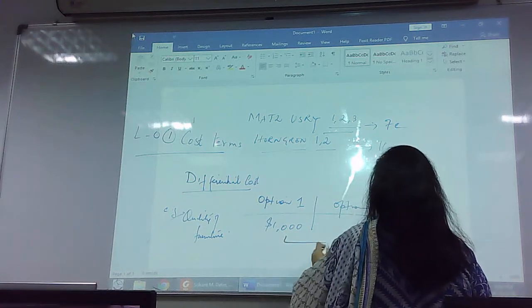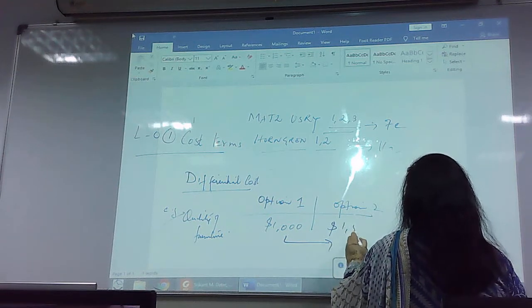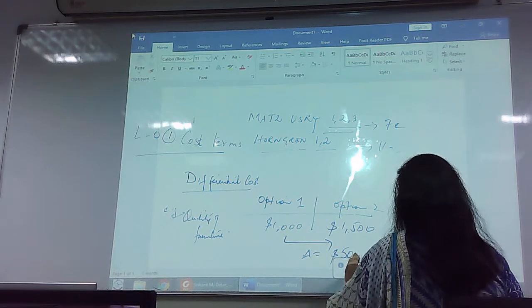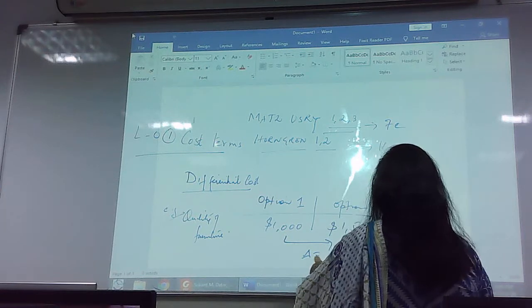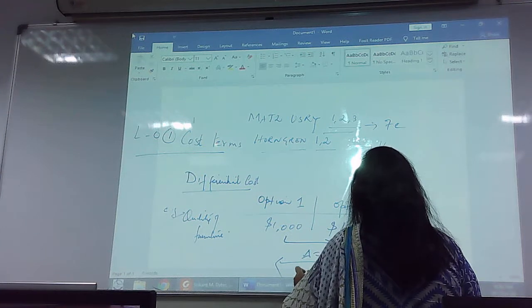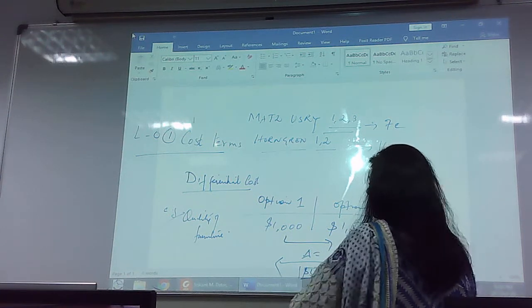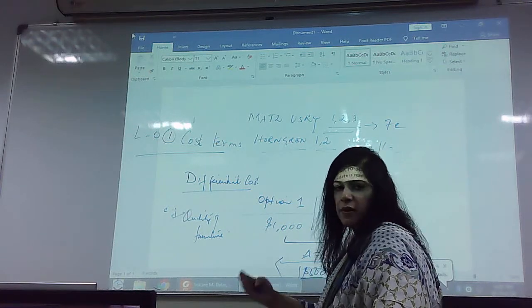And then the other option could be $1,500. So the difference would be about $500. That means if you choose the less expensive option, you could save $500 in return. So you are getting back your $500 in this case. Otherwise there's going to be an outflow. So this is going to be a cash outflow if you select the more expensive option.